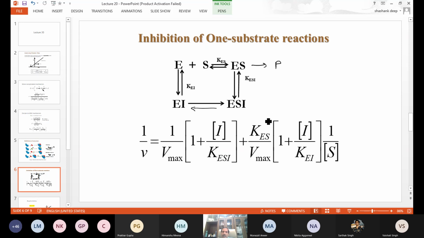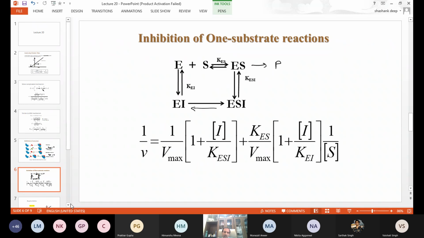And what we got is 1 by V is equal to 1 by Vmax times (1 plus I by KESI) plus KES, or Km, by Vmax times (1 plus I by KEI) times 1 by S. Please keep that in mind. You can also write Vmax by V equal to this plus this. This equation we have already derived.